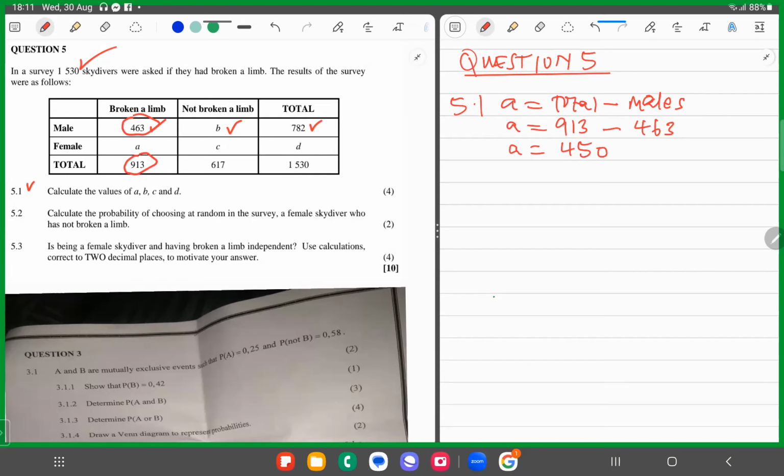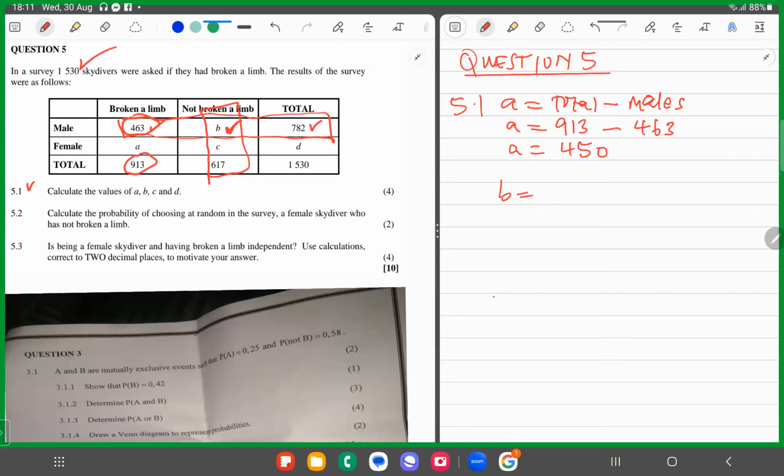We need to find the value of B in this two-way table. B occurs in this row of the males, but it occurs also in the row of the females.